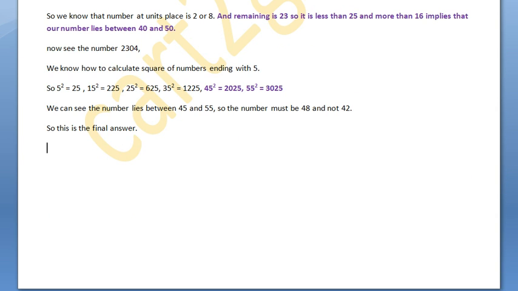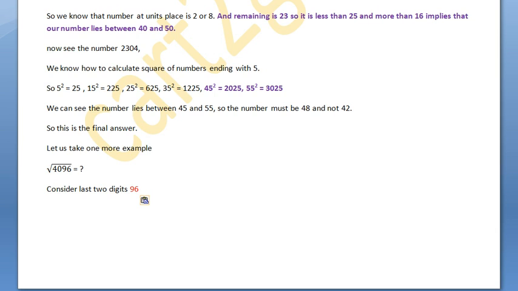Now we can see that this 2304 lies between the squares of 45 and 55. So our result will be in between 45 and 55. So it implies that our answer must be 48. So this is the final answer.